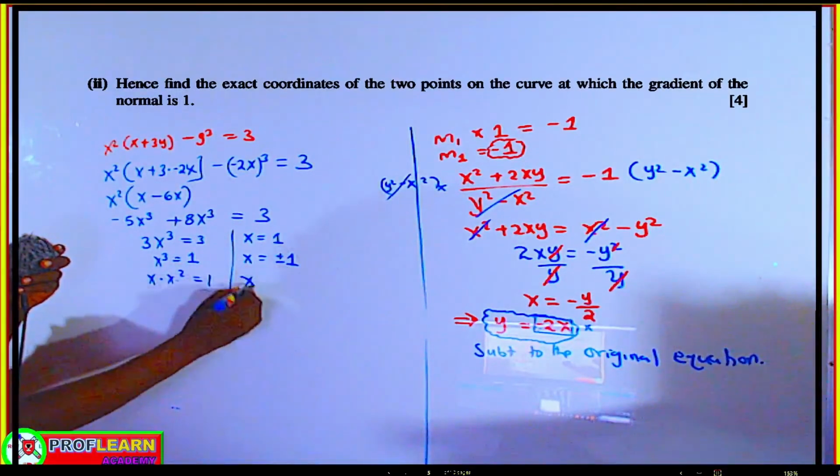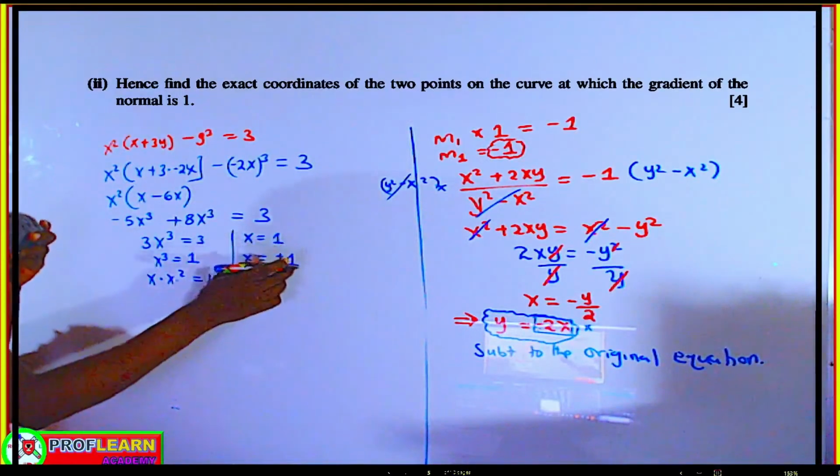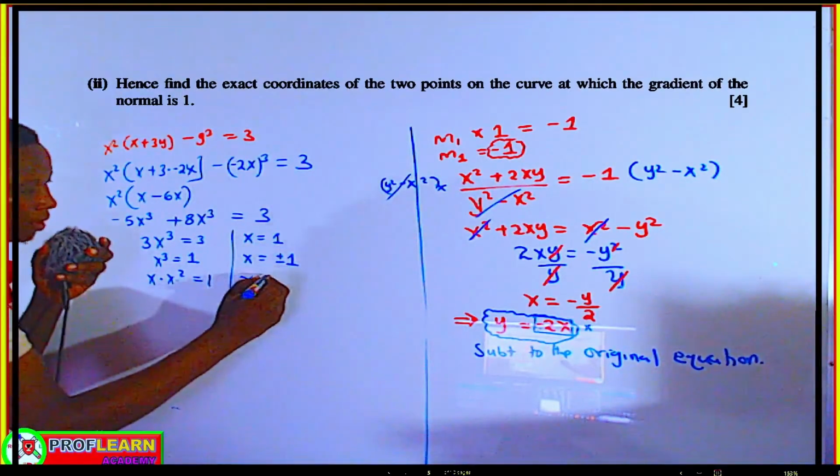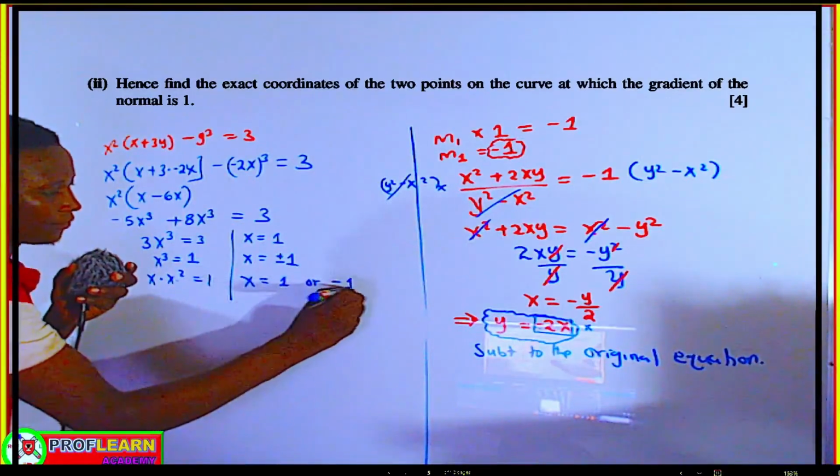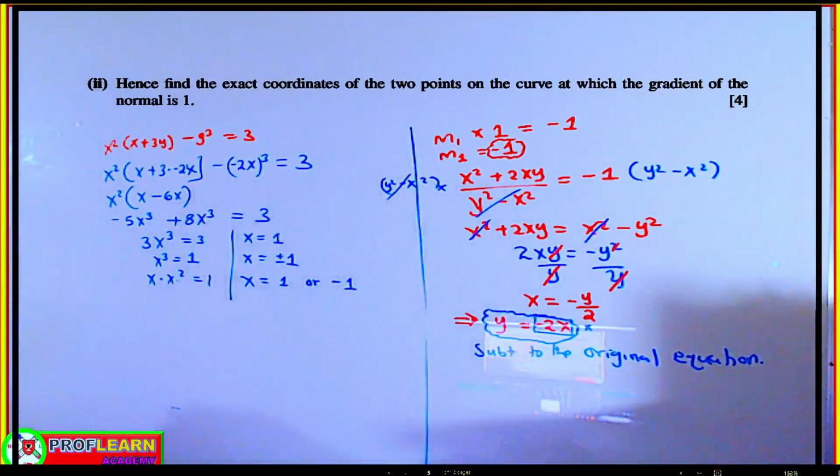Which means the two values of x, because positive 1 is repeating itself, is going to be 1 or negative 1. So that means we have gotten the value of x being 1 or negative 1.